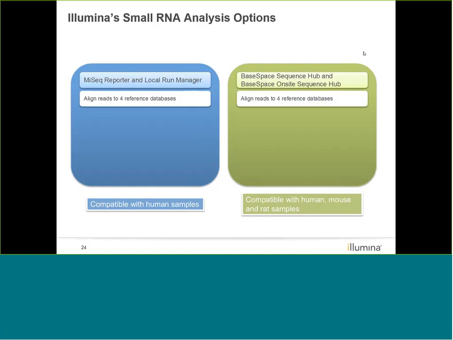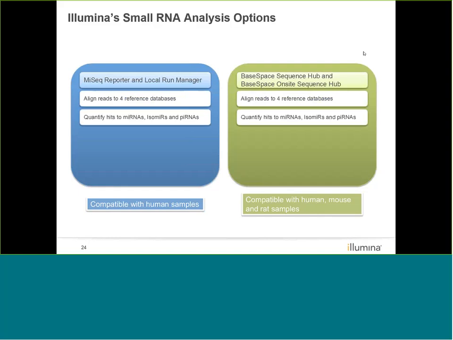So all of these options start by aligning your small RNA reads to a set of 4 reference databases, and then quantifying the hits, or the number of reads that align to reads in these various databases.